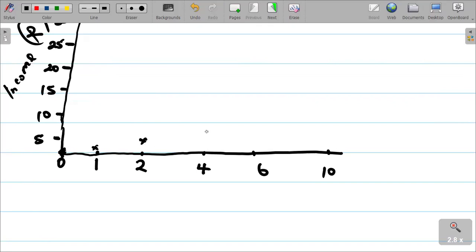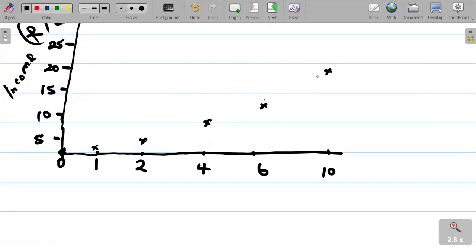When 4 are sold, for 2 rand each, it is 8 rand. When 6 are sold, it is 12 rand. And when there are 10, it is 20 rand.